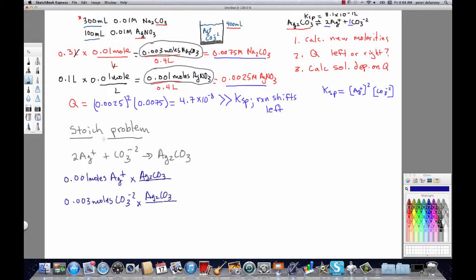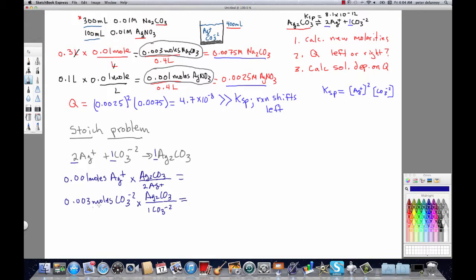And then we're looking at the stoichiometry for each of the respective reactants. So the silver, to form the silver carbonate, the mole ratio is 2 to 1. So we have two silvers that go down here in the bottom. And for the carbonate, it's just 1 CO3 2-.